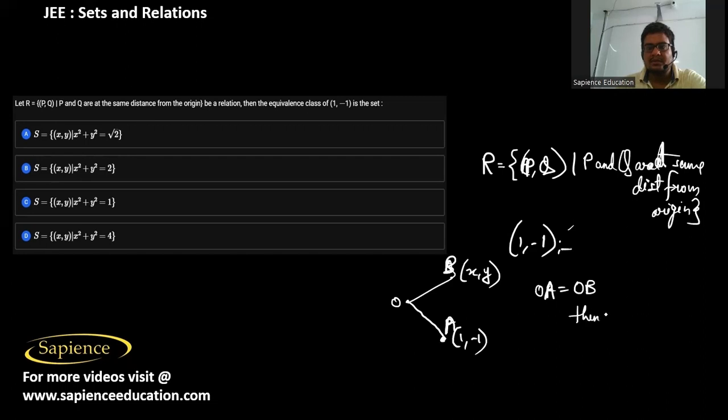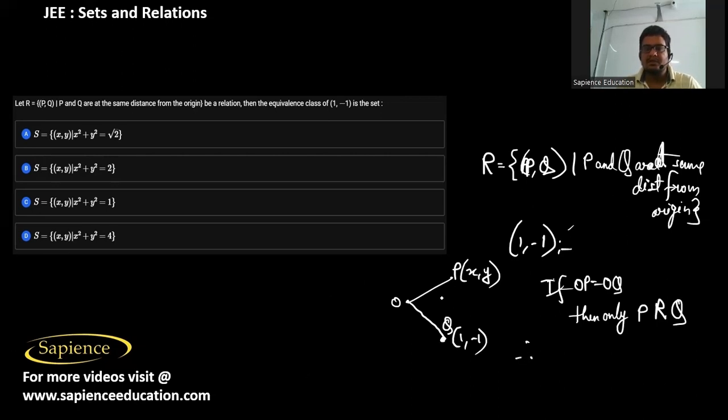Then only we can say, or we can take this P and Q also. So this is OQ, this is OP. Now if OP is equal to OQ, then only P will be related to Q under the relation R.